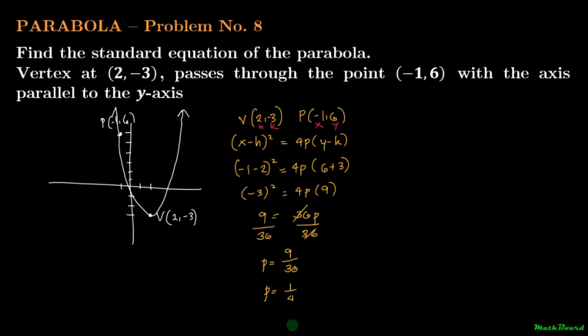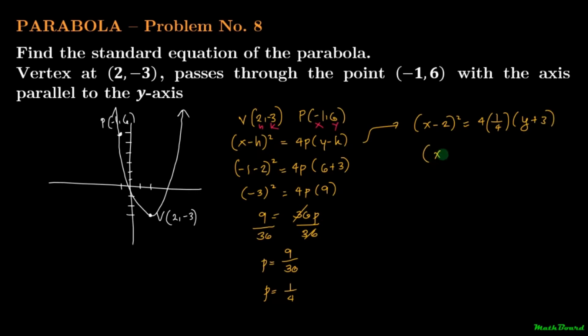Okay? So we can now solve for the equation using this one. So x, our h is 2, so minus 2 squared equals 4 times the value of p, 1/4 times y, k is negative 3, so plus 3.